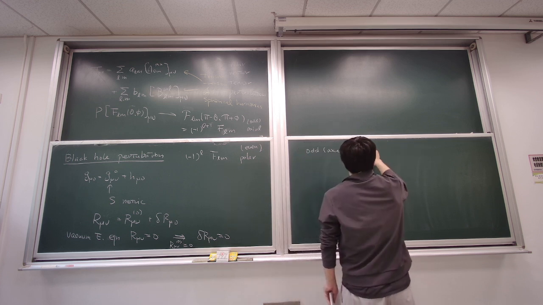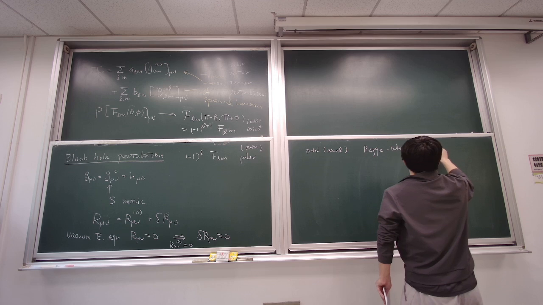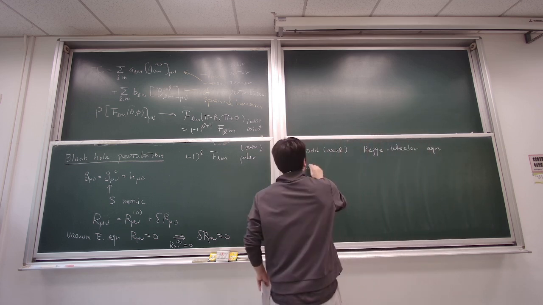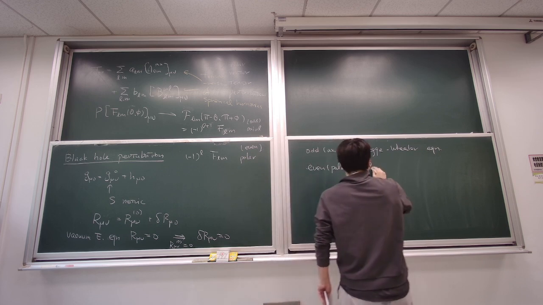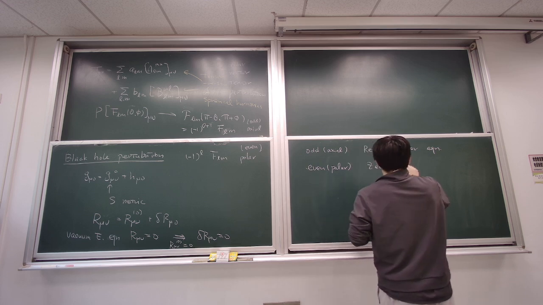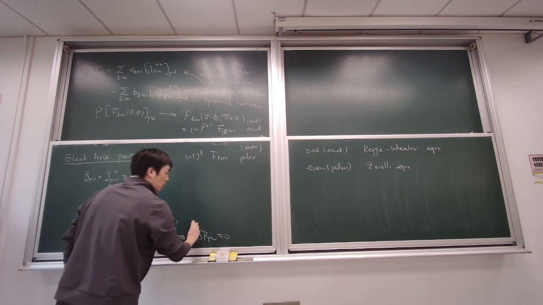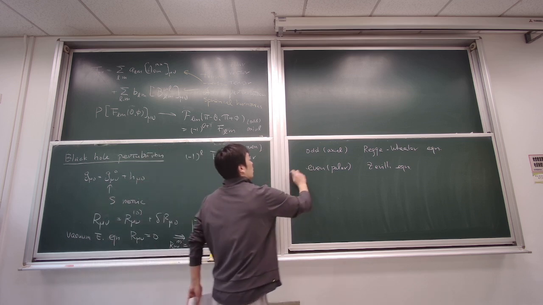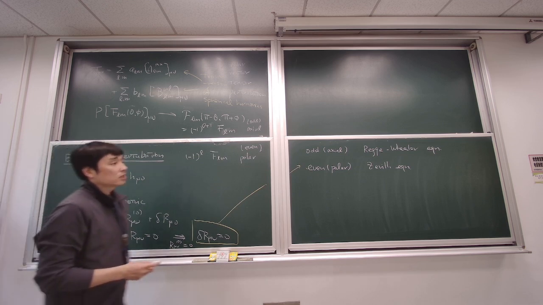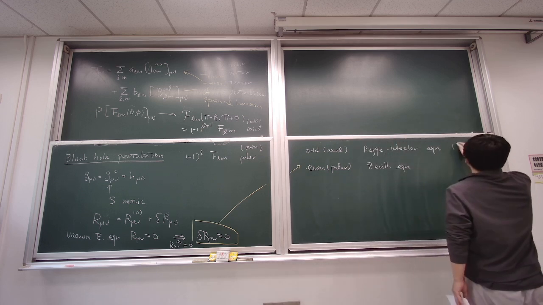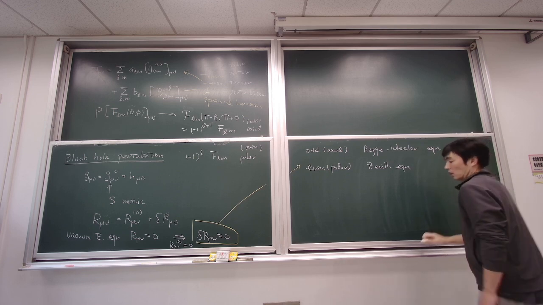The axial equation is the Regge-Wheeler equation, and the even case, the polar case, is called the Zerilli equation. This was found in 1958, and this one in 1970.